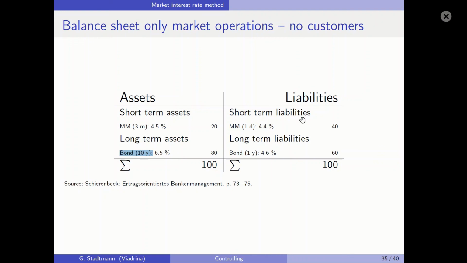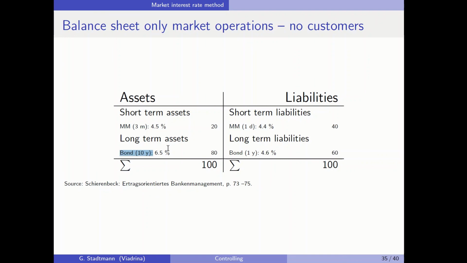So the idea once more is that this bank is getting liquidity short-term at lower rates and is then buying longer-term assets at higher rates. So this bank takes advantage of this upward sloping yield curve and the positive term structure.